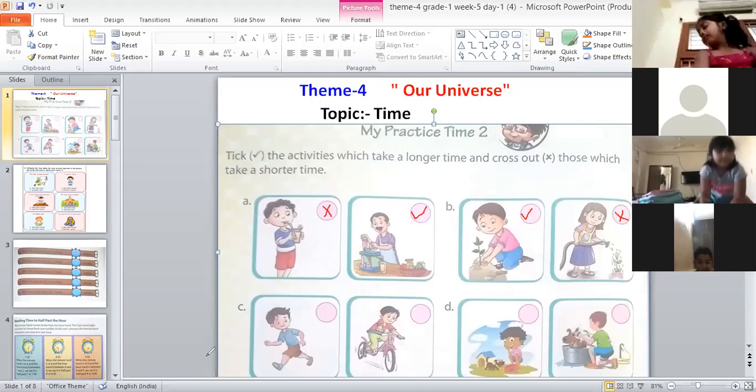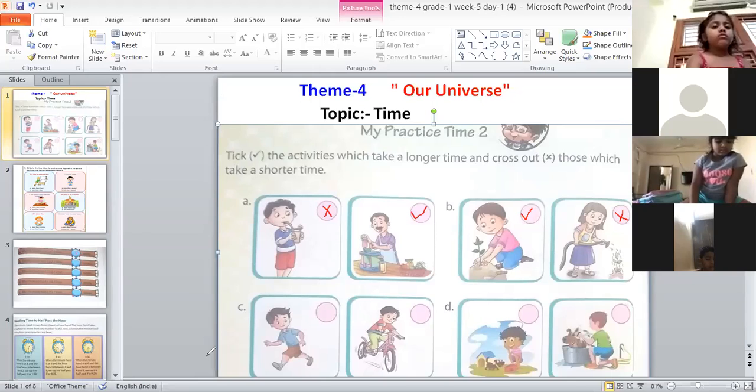Advaita. Yes, ma'am. Now tell me again, two pictures are there in third question. What are those two pictures? What they are doing? One boy is running and the other is cycling. Okay, so who will take more time? And who will take less time?